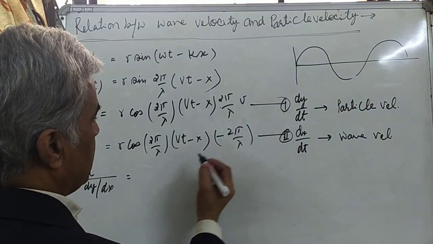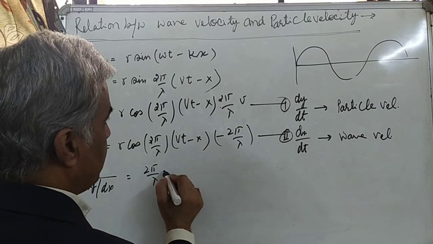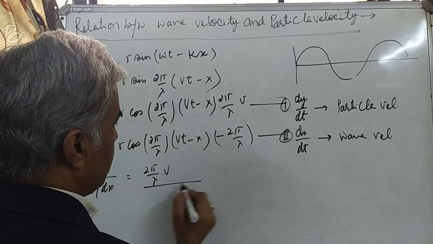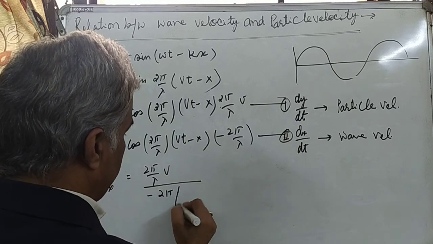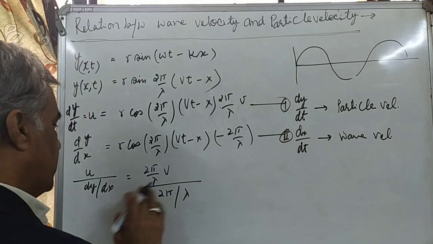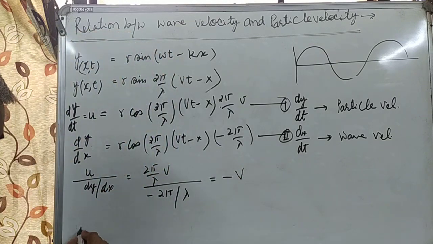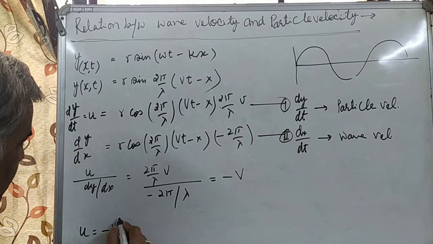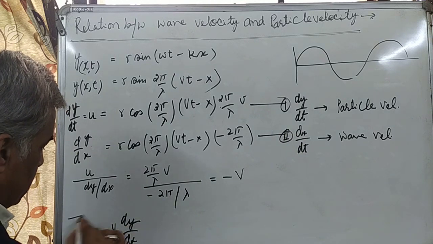You are getting 2 pi by lambda v upon minus 2 pi by lambda. So on simplification, this is minus v. So u equal minus v dy by dx. This is the relation.